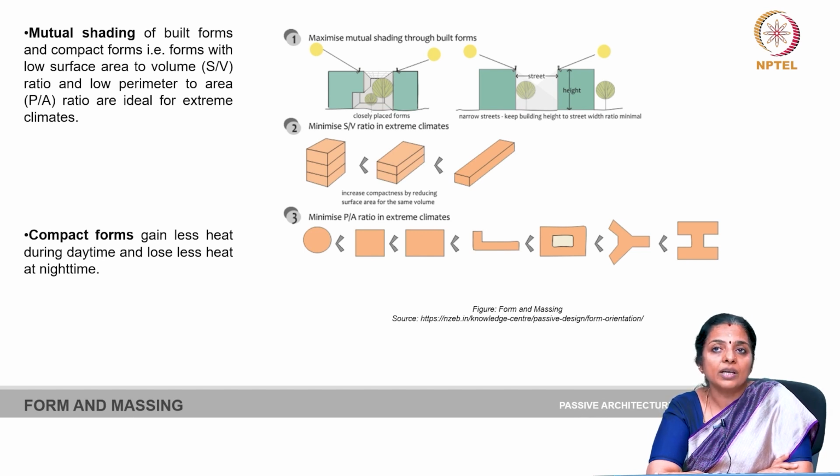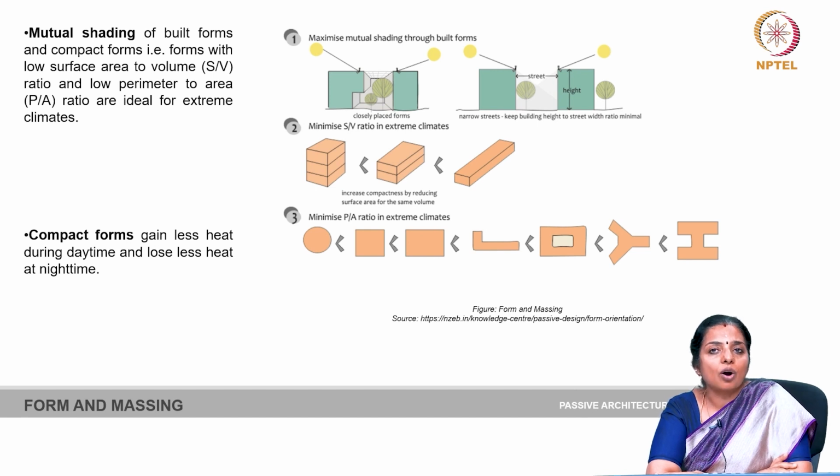Along with improving mutual shading of built forms, the use of compact forms with low surface area to volume ratio and low perimeter to area ratio can be particularly advantageous in extreme climates. These design strategies contribute to improved energy efficiency, thermal comfort, and overall sustainability in harsh environmental conditions.